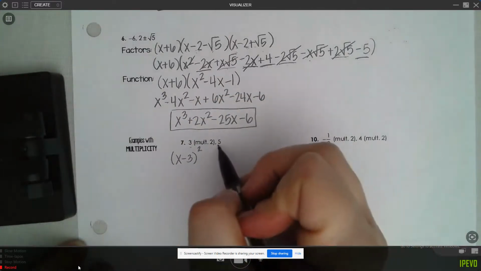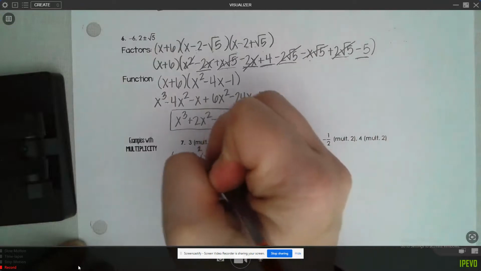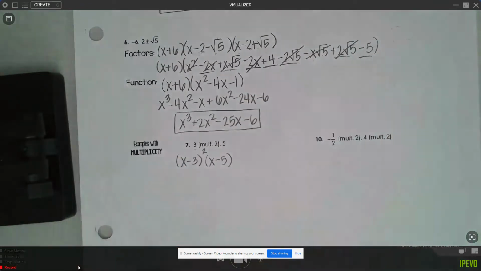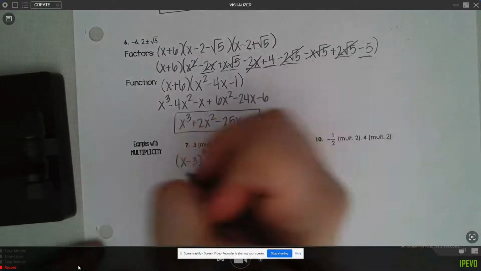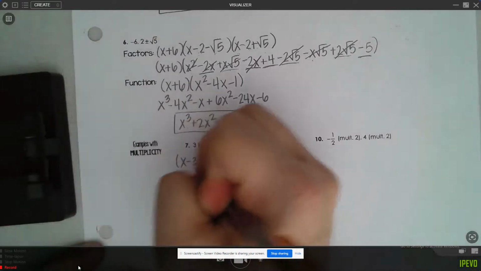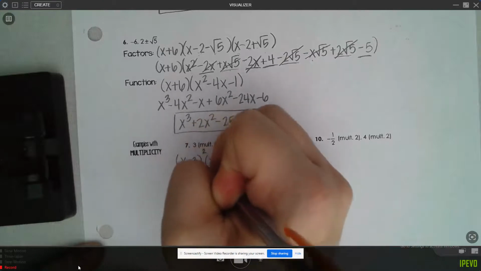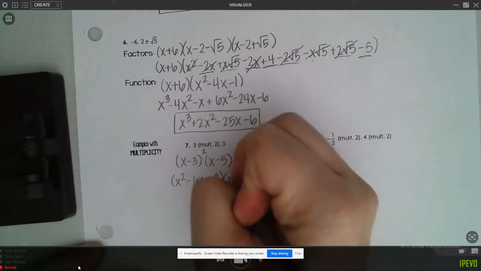And then I have a 0 at 5, so it's also x minus 5. So you need to square whatever's squared first. X minus 3 times x minus 3 is x squared minus 6x plus 9. And then x minus 5.